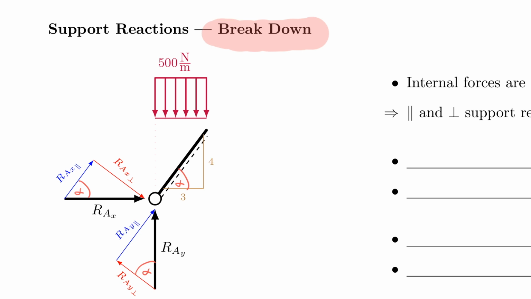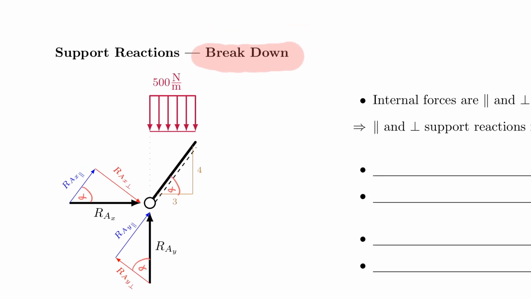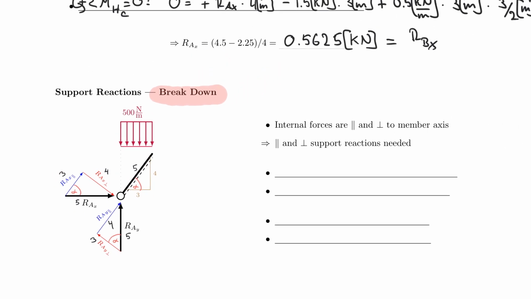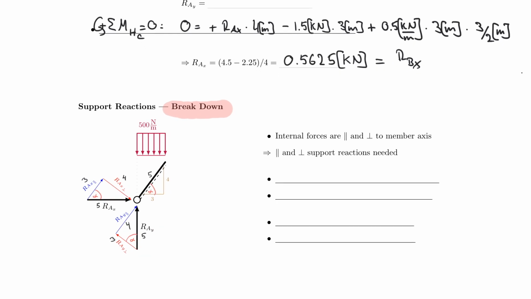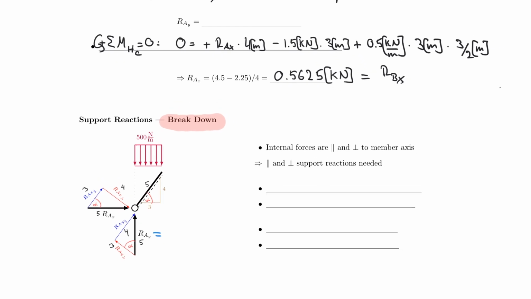We used it there as well. So now I can assign my 3, 4, 5s. So here I have 5. 5 connects 3 over alpha. So this is 3, this is 4. And again, 5. And alpha connects to 3. And then here I have 4. And so now I can calculate my support reactions. And maybe I will help myself here by adding the support reactions. RAY is equal to 1.5.